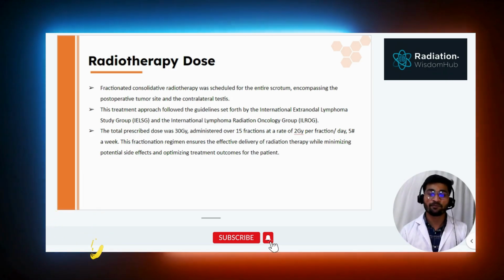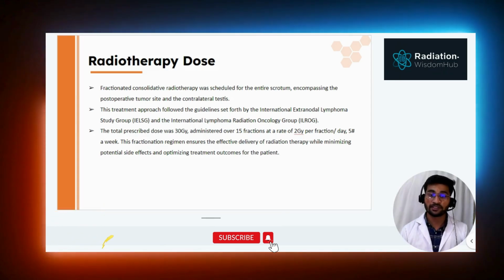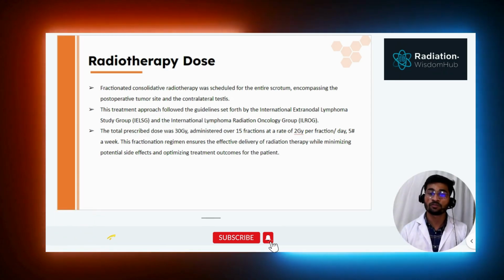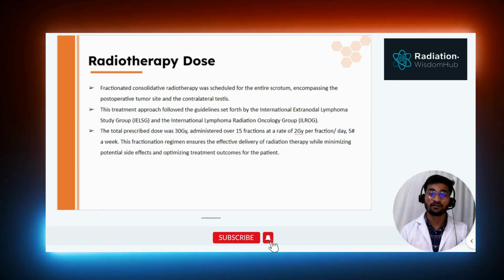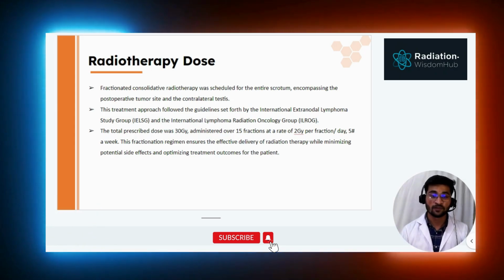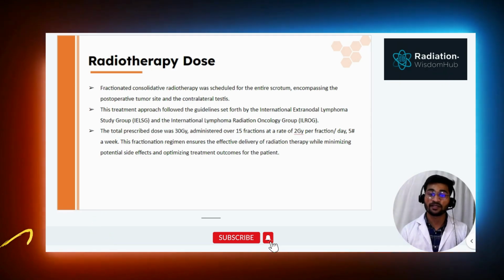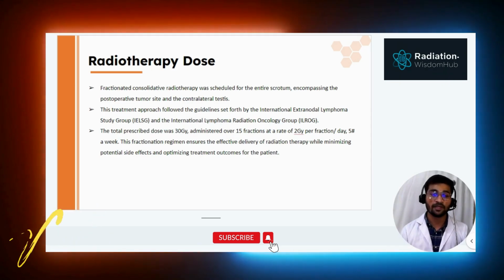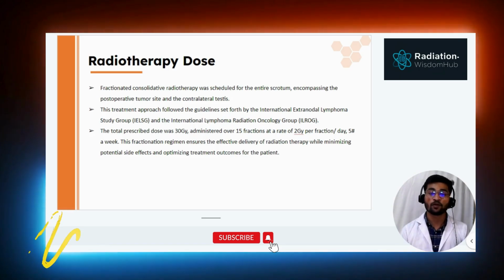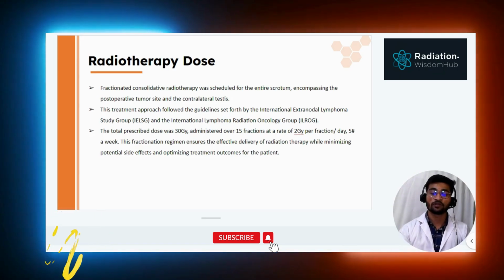The total prescribed dose was 30 gray administered over 15 fractions at the rate of 2 gray per fraction, 5 fractions per week. This fractionation regimen ensures effective delivery of radiation therapy while minimizing potential side effects and optimizing treatment outcome for the patient.